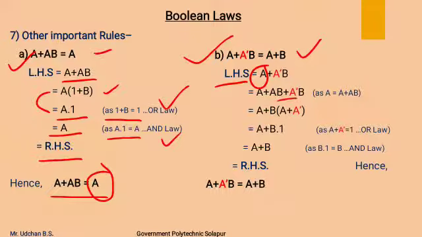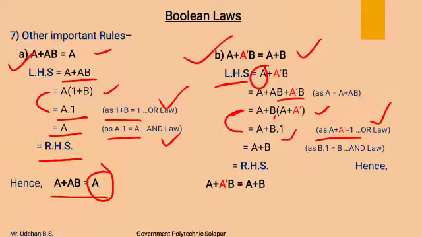Now from this AB plus A complement into B, we can take B as a common variable. Now in the bracket will remain A plus A complement. Now we know A plus A complement will give you 1 as per OR law. So this equation can be rewritten as A plus B into 1.